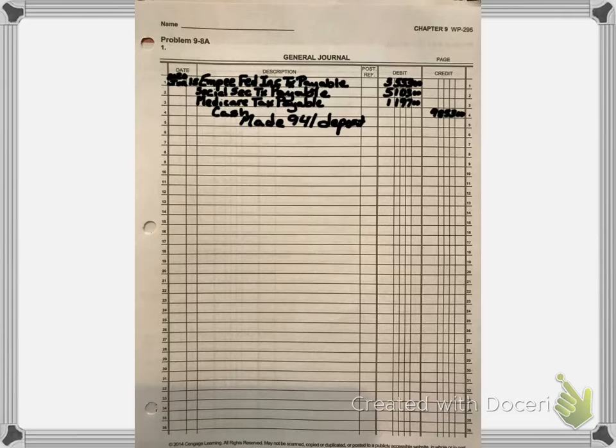So the date of the payroll is the 30th. We will debit wages and salaries expense for $42,000.